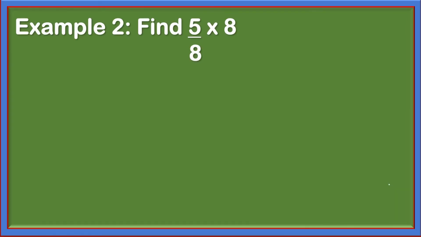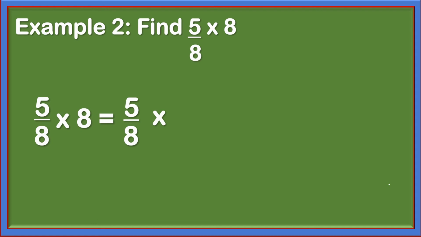Okay. Example 2. Kanina yung inuna natin is whole number, then fraction. Ngayon naman, fraction times the whole number. Find 5/8 times 8. So, 5/8 times 8. Nirename na natin, naging 8 over 1 na siya.